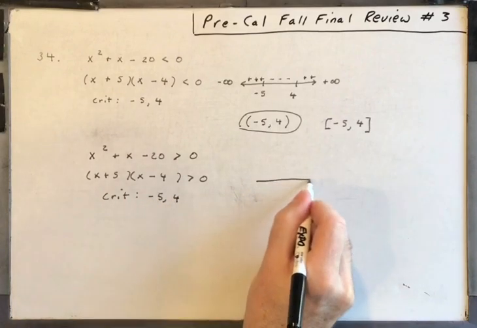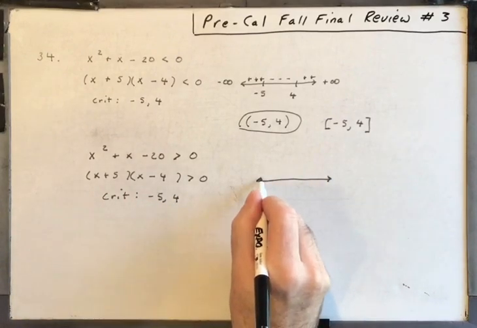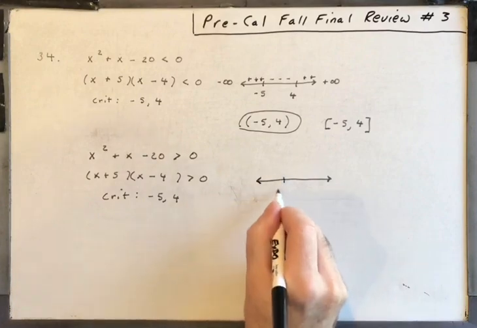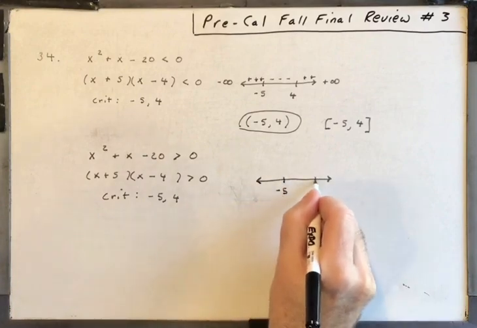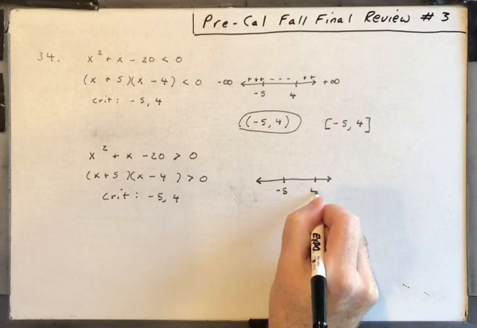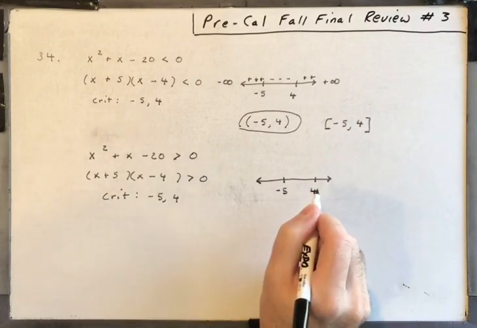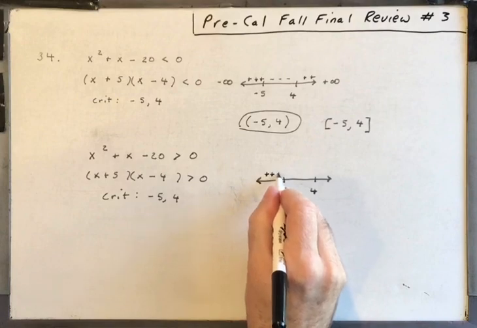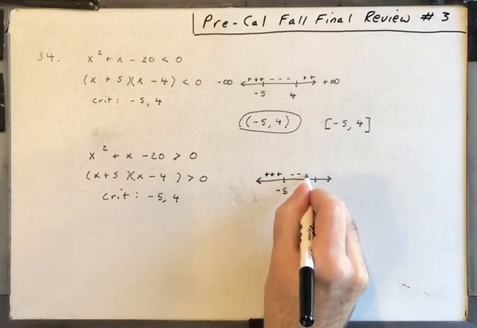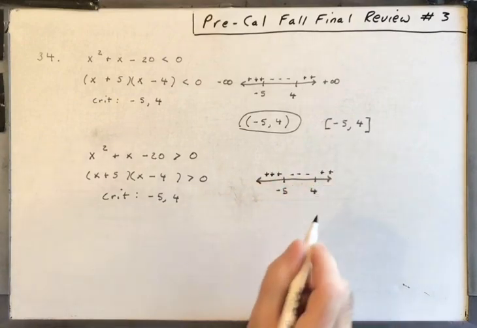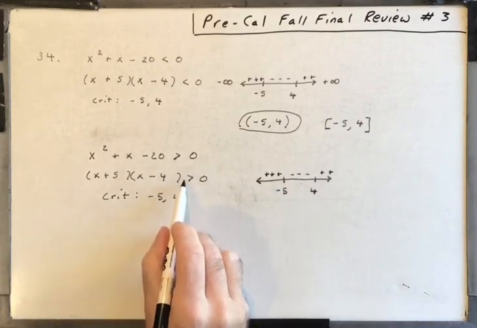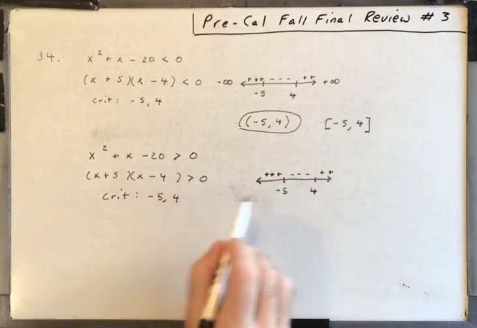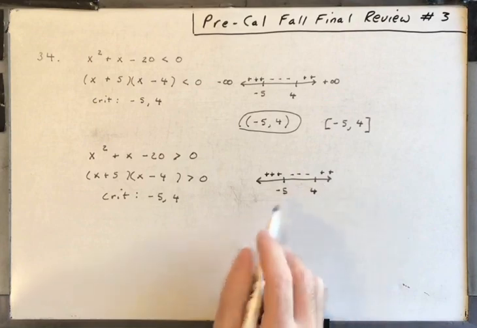And we're still going to do a sign line, but the range of numbers that answers the question would be different. If you plug in to the left of negative 5, you get a plus and a minus and a plus. All that would be the same, except now you're looking for what's greater than 0. Well, it's where it's plus.